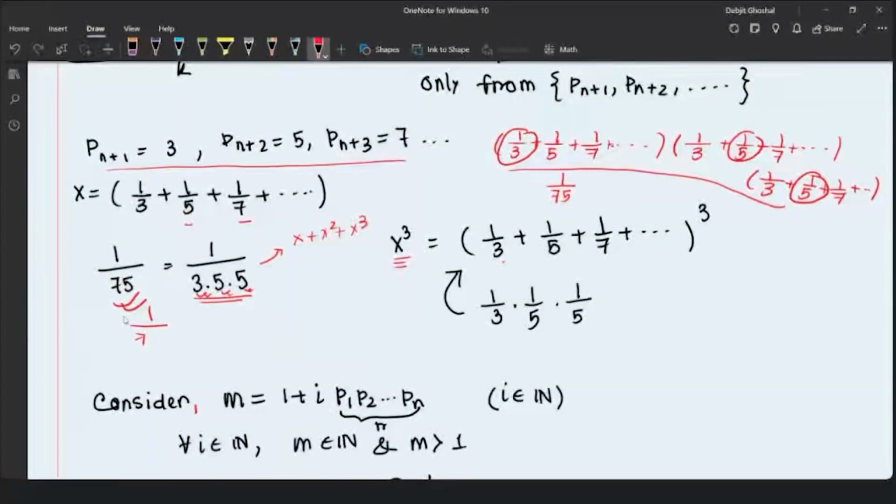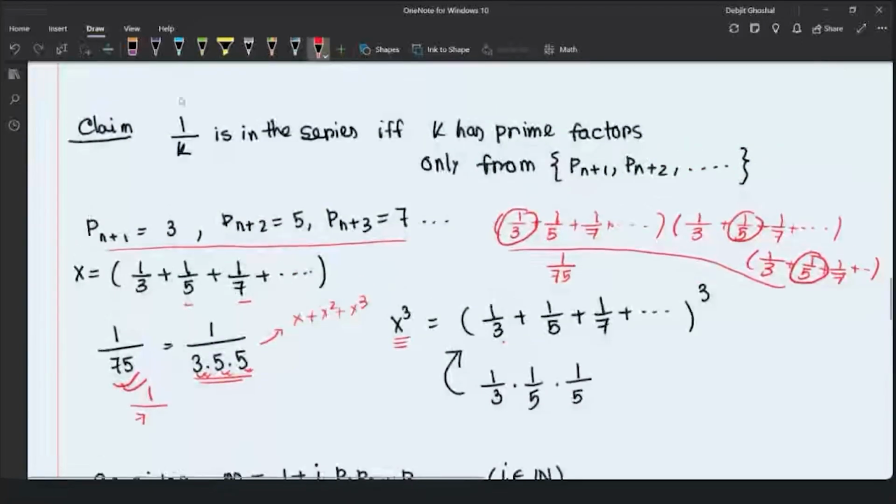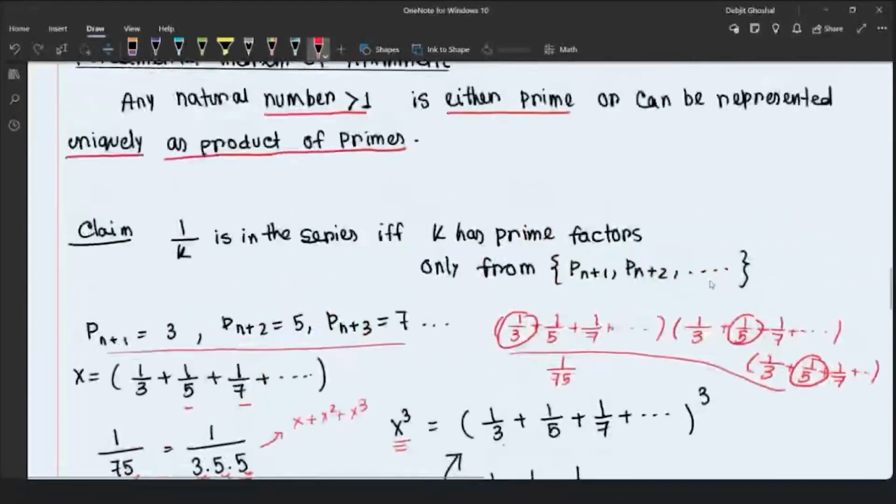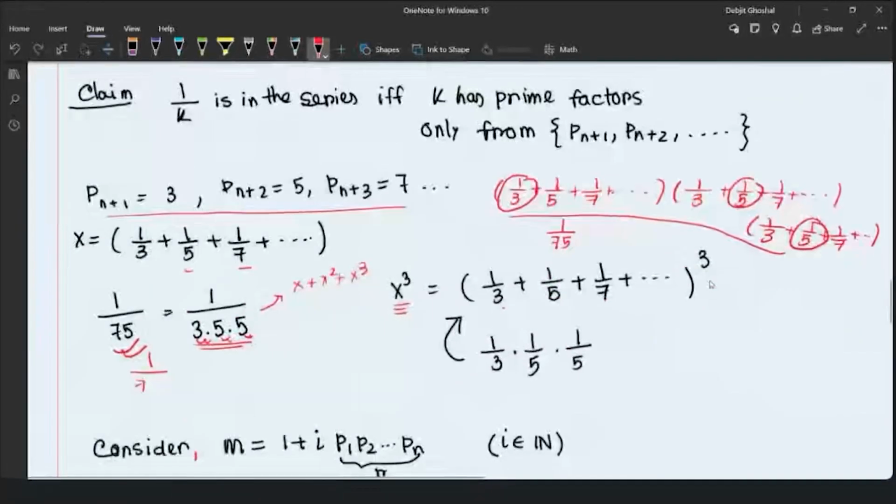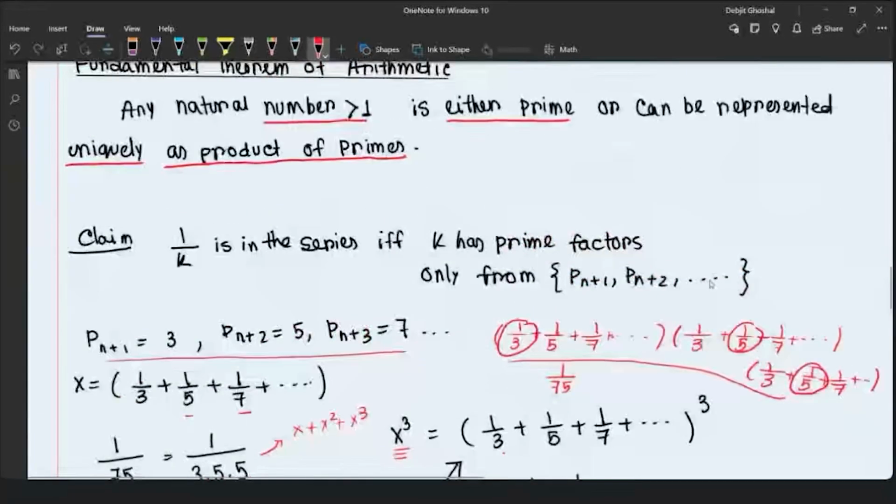In general, you can conclude that the reciprocal 1 by k of a natural number is in this series if and only if k has prime factors from this set. Because if k has prime factors beyond this, we will not be able to produce that term by multiplying this series like this. Is it clear to everyone, this part? Yes, it is.